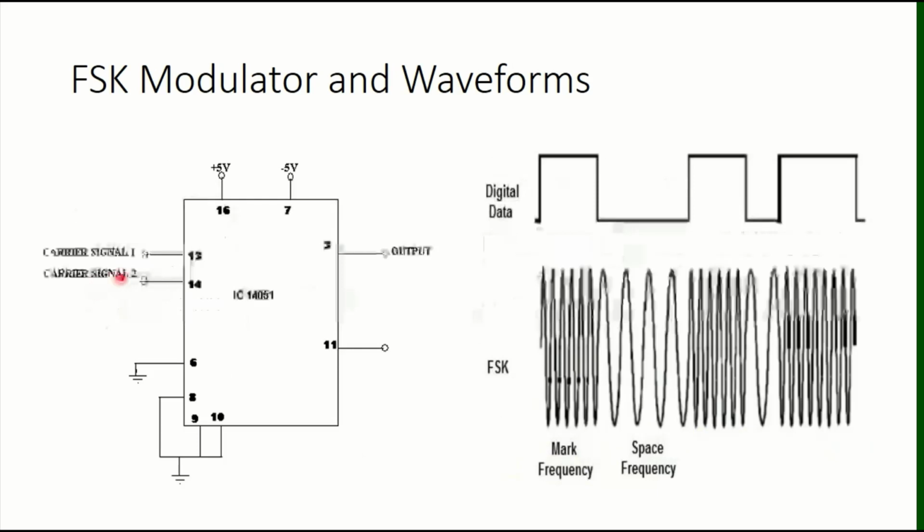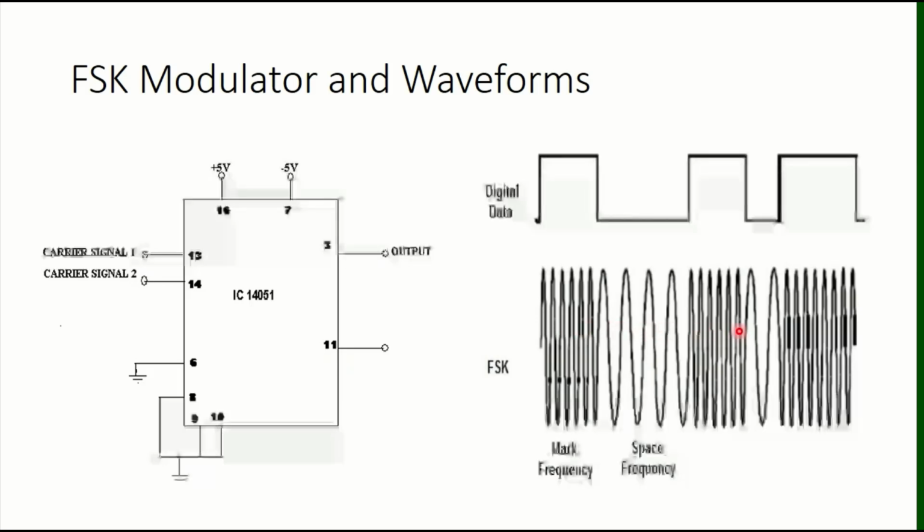Next, if we just see, it's frequency shift keying. What we are trying to do is, corresponding to logic 1, one particular carrier should be there, and for logic 0, there should be another carrier. These frequencies are selected as carrier 1 and carrier 2 onto the two inputs of our CMOS switch, and my select line, where the logic data is given to pin number 11, will select, and you are seeing the two carriers.